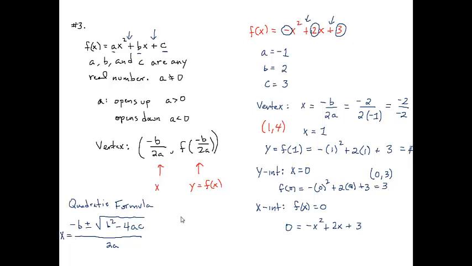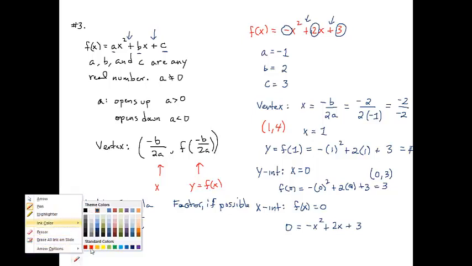Or you can factor, if possible. You may not always be able to factor, but you'll always be able to use the quadratic. For this problem, even though I know I can factor it, I'm going to choose to do the quadratic just to show you how the quadratic works.